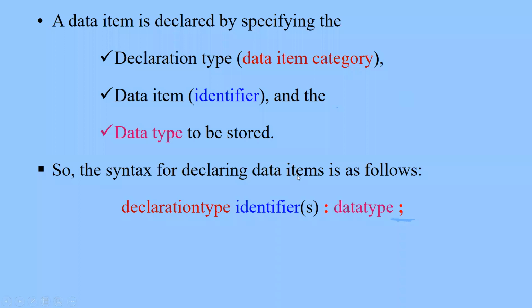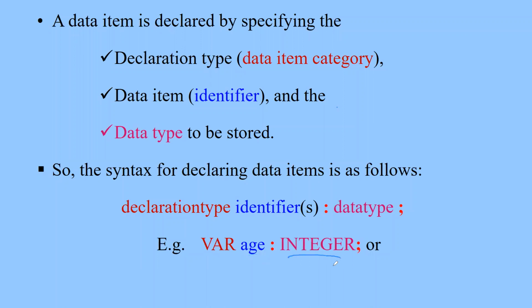So what are these things? An example is var for variable. So the declaration type here is variable. What is the name of that variable? So that memory location, you call it age.